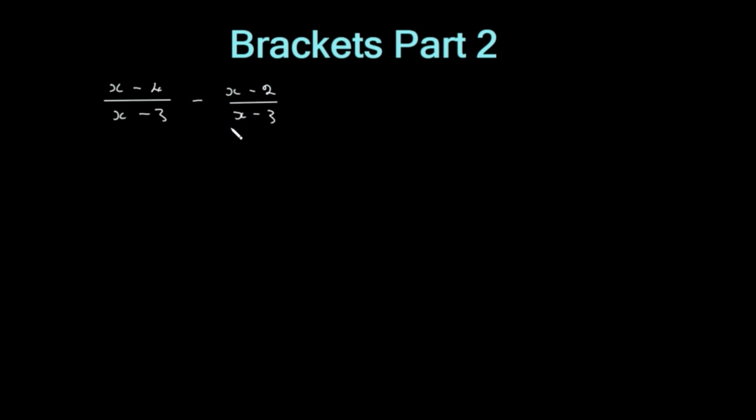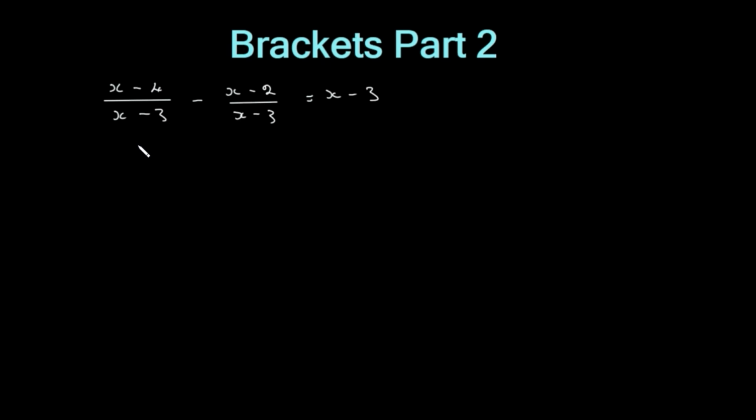Notice these two here, the bottoms are the same, equals x minus 3. This will work out. It can go into something called a quadratic, but I don't really want to go there. This will give us the single answer that's correct.